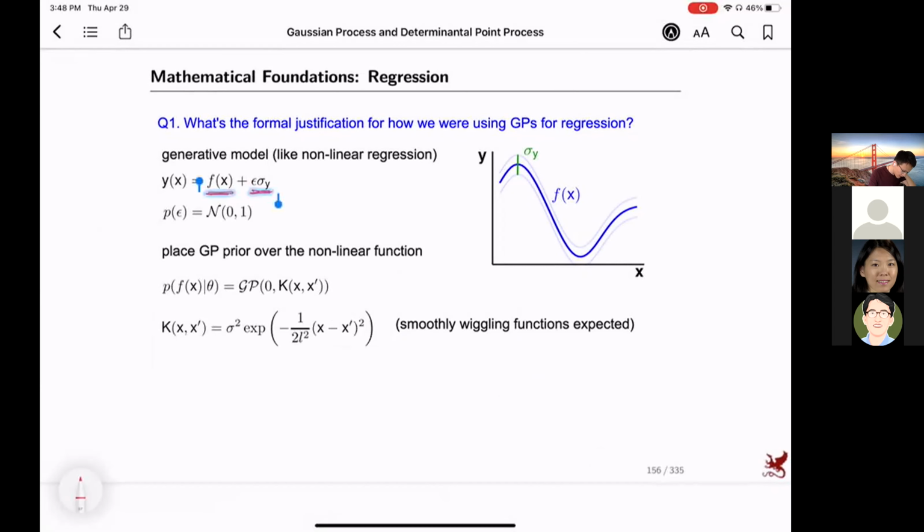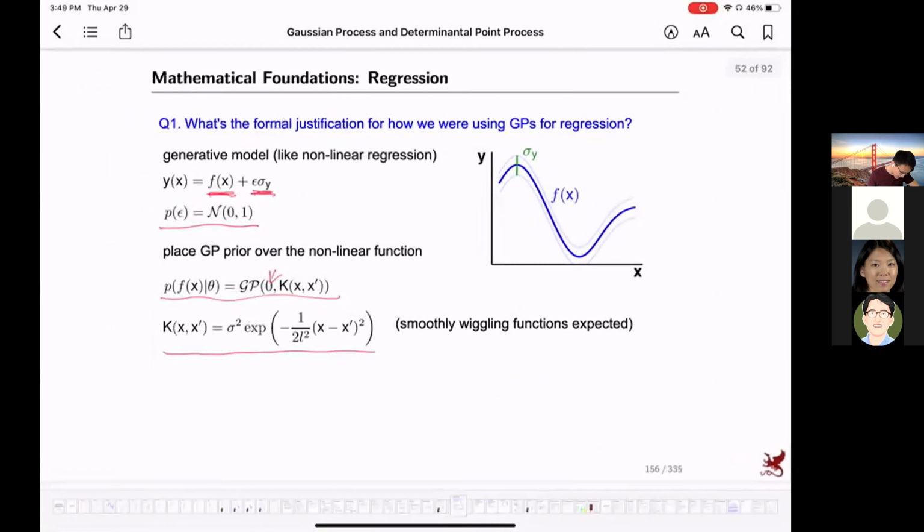For this noise term, we have this Gaussian prior placed on it. For this fx, as we have been talking along the way, there can be a prior on functions, which is our Gaussian process placed on it. For simplicity, we assume it has mean 0, so we only need one kernel function to specify this prior.